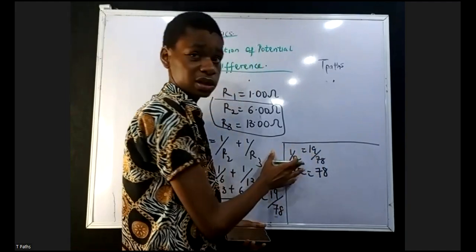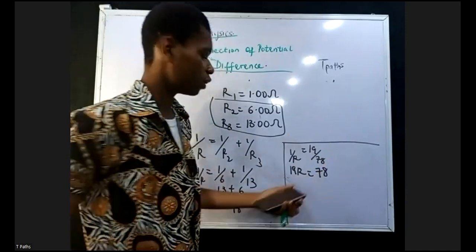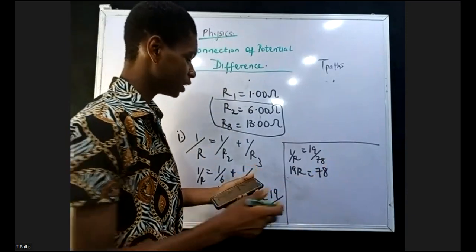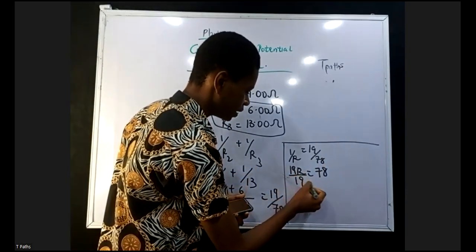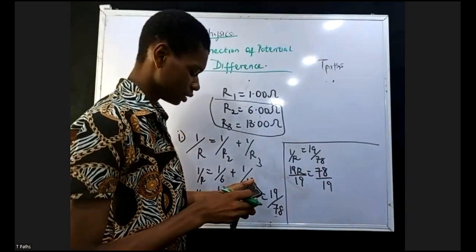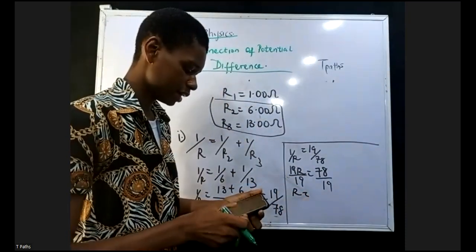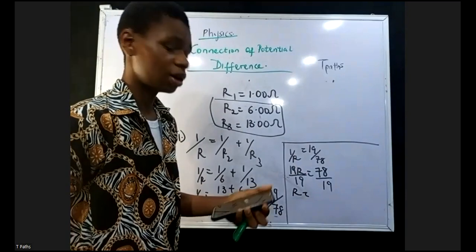Now to get my R, I simply divide through by 19. Let me use my calculator. 78 divided by 19 gives me 4.1.